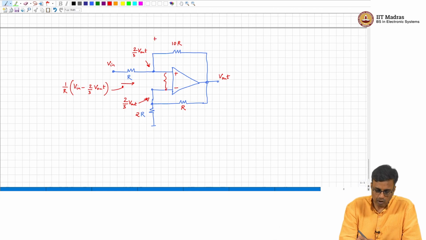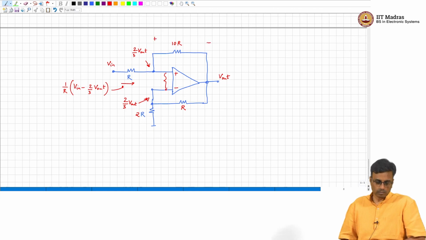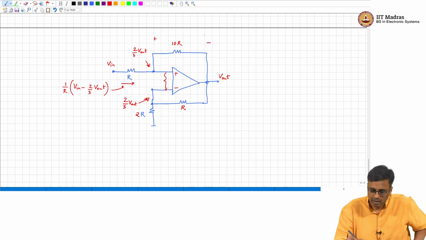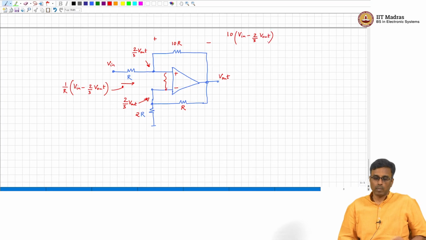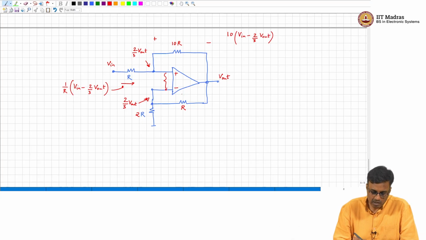So, what is the voltage drop there? The voltage drop there is basically 10 times V in minus 2/3 V out. So, what is the output voltage?